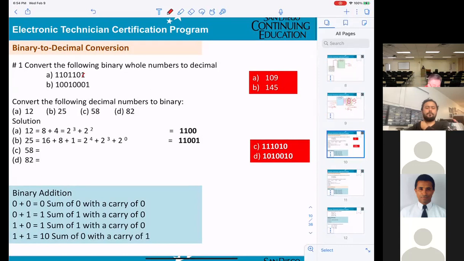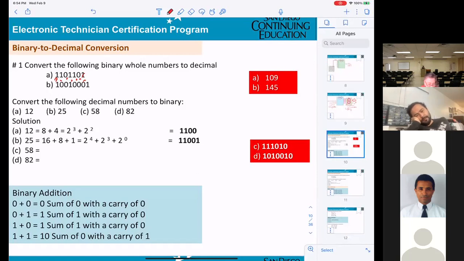You take the first number times 2 power of 1, 2, 3, 4, 5, 6, and add them up. That will become up to this one, okay? And convert the following decimal to binary, I don't care about that one, okay? We don't use that.